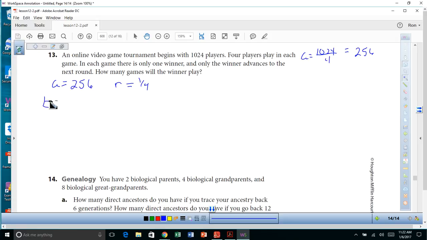So our explicit form will be F of n equals 256 times 1/4 to the n minus 1, and n is greater than or equal to 1. Okay. Recursive.